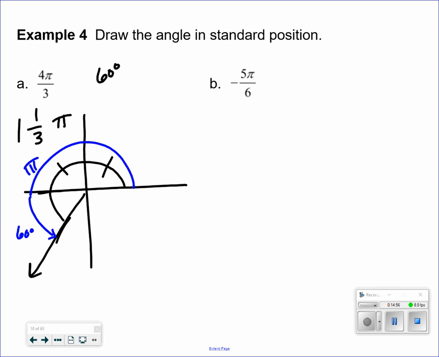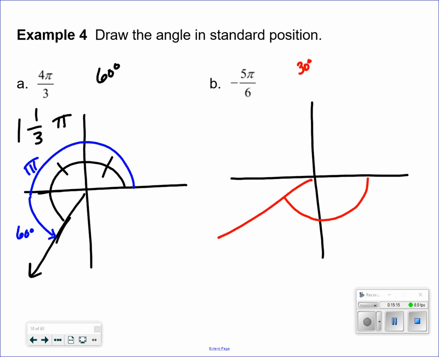So here we go, -5/6 pi. Remember, negative angle measures go clockwise. So now we're talking about 5 30-degree angles. So 1/6, 2/6, 3/6, 4/6, 5/6.